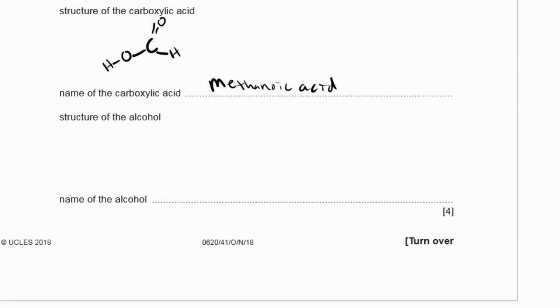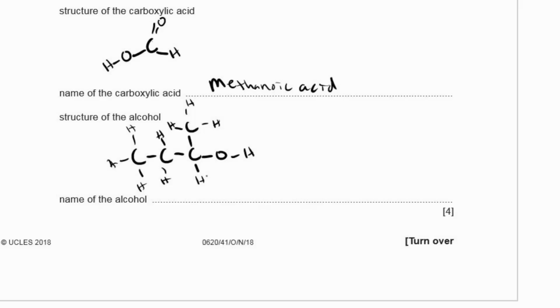Okay, and the structure of the alcohol, that is, we have 1, 2, 3, and then another carbon up here. And we have an OH, and all the other ones have H's. And we have to draw on all these H's. Can't just draw the lines to show that there'd be an H there.